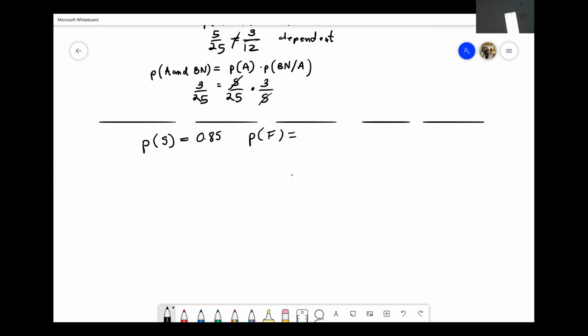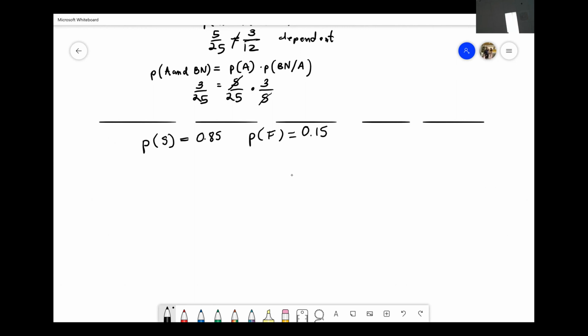On any given trial, what's the probability of a failed knee surgery? What's left over? What's the sum of all the probabilities have to be? So this has to be 0.15. Does that make sense? Okay.